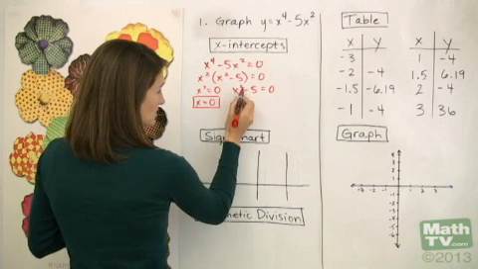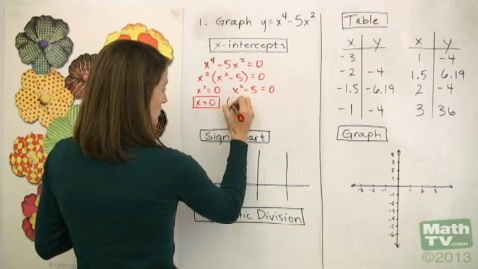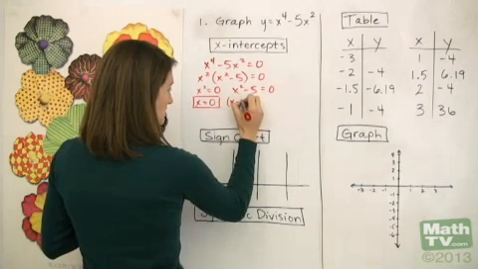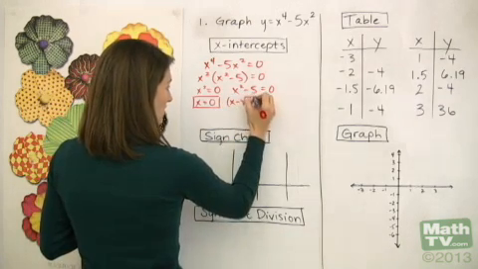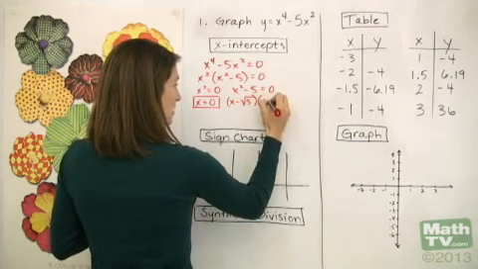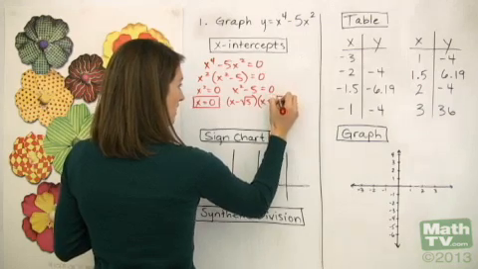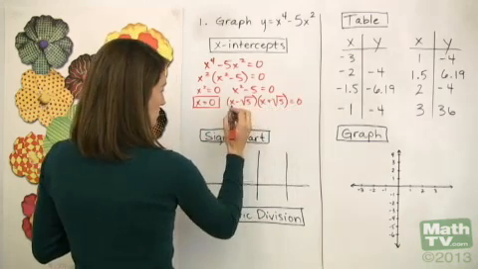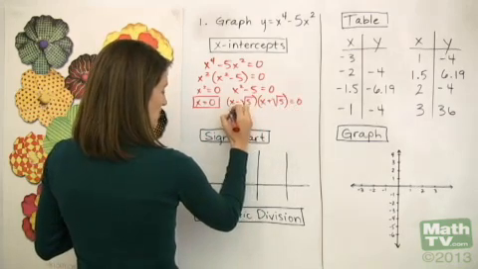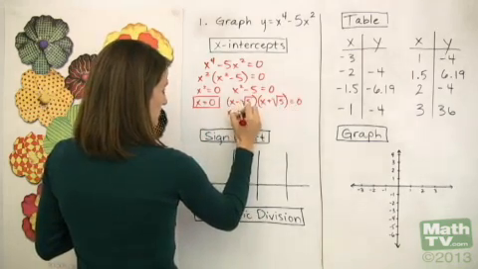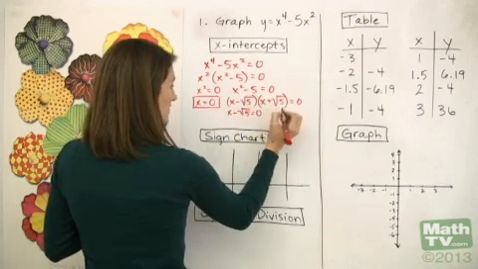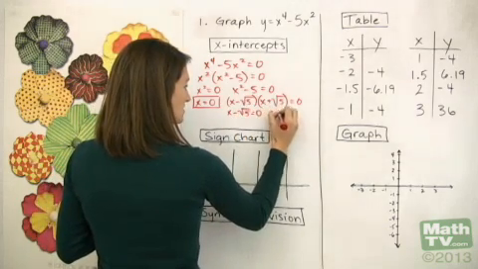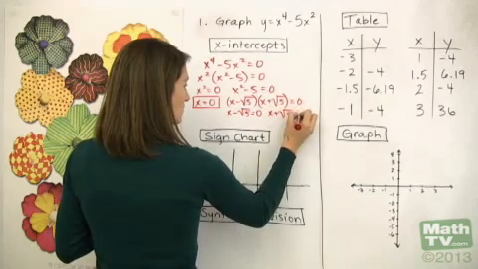We can factor x squared minus 5 into x minus the square root of 5 times x plus the square root of 5. That's equal to 0. And then you set both of those equal to 0, which then is x minus square root of 5 equals 0, and x plus the square root of 5 equals 0.